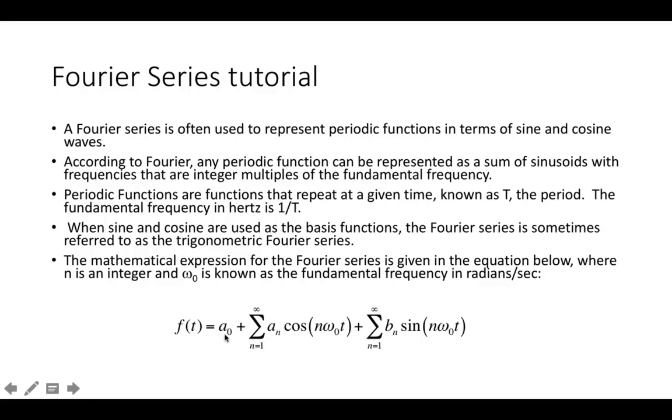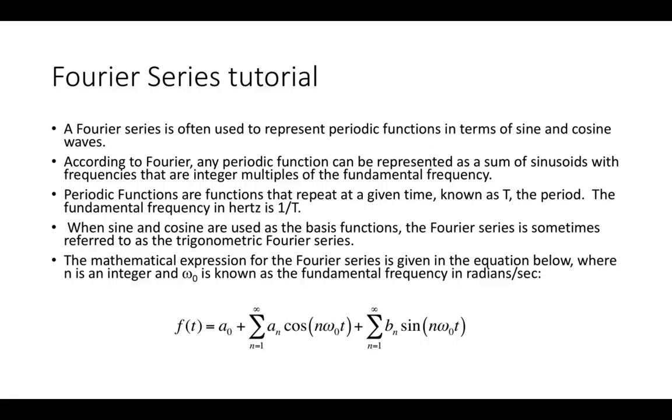What the Fourier series does is give you the DC term, and then some weighted cosines and some weighted sines. Notice that since n is an integer and omega naught is a constant fundamental frequency, we're getting integer multiples of the fundamental frequency. For n greater than 1, those are referred to as higher frequency harmonics.